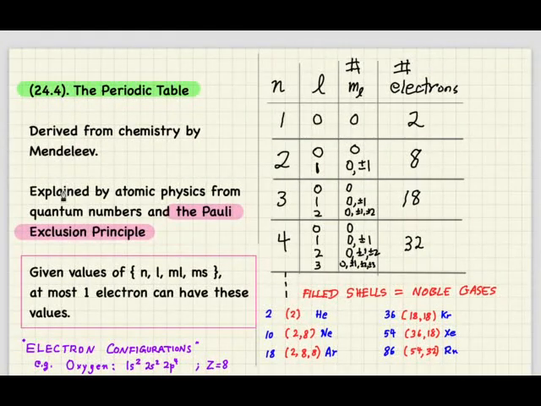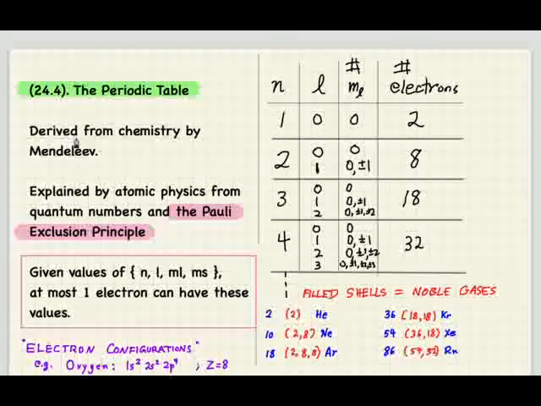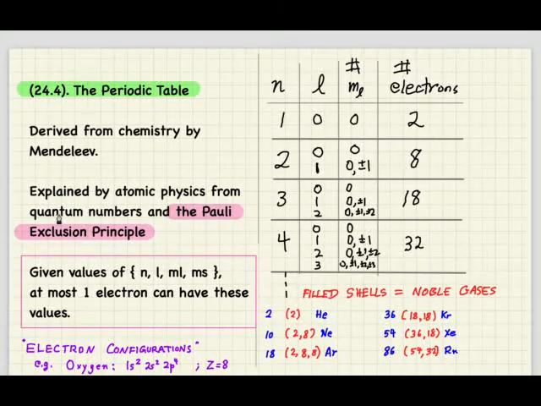Then it was explained by atomic physics from quantum numbers and the Pauli exclusion principle. So this is sort of an empirical determination of the elements ranked by atomic number, and atomic physics provided the theory. Quantum mechanics, the Schrodinger electron waves, explained it.